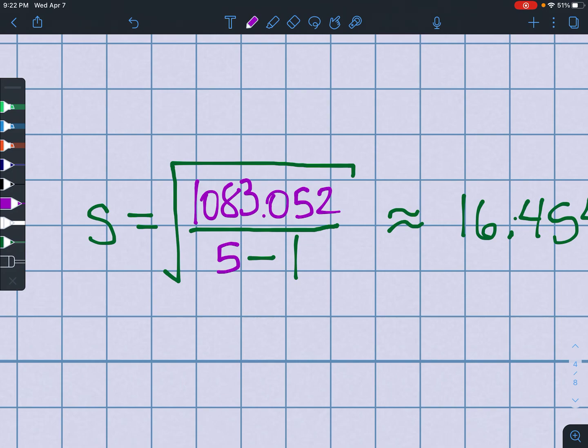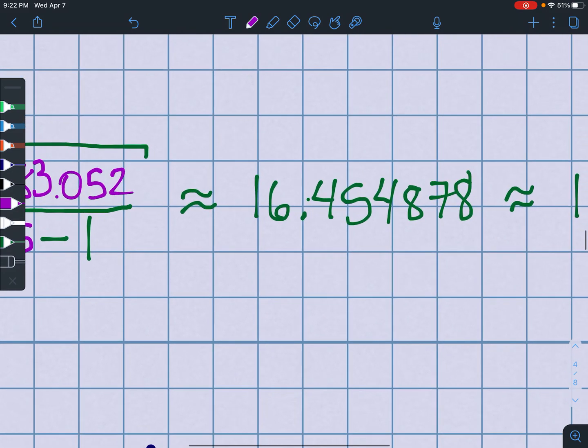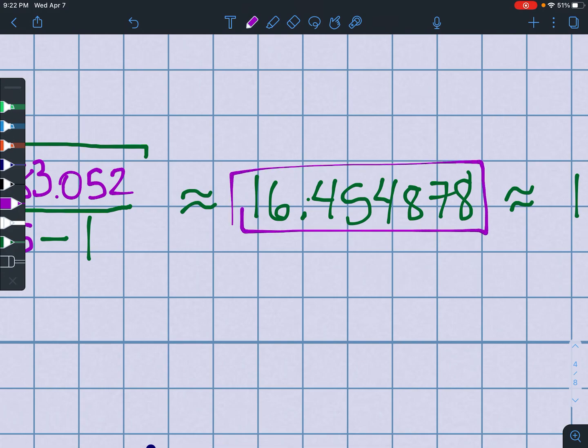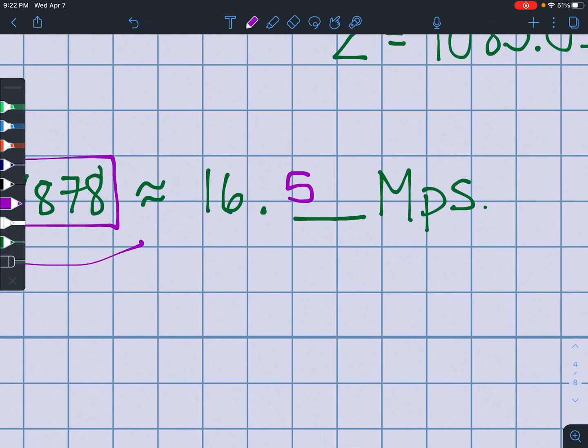So I take that number, divided by 4, take the square root of that result, and that's going to give me 16.454878. And using my rounding rules, I report that as 16.5 megabytes per second.